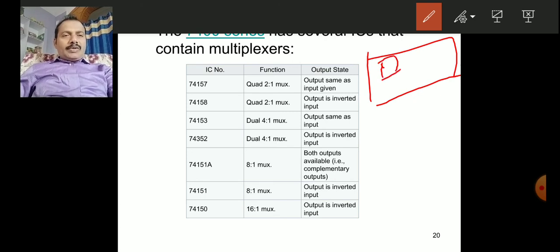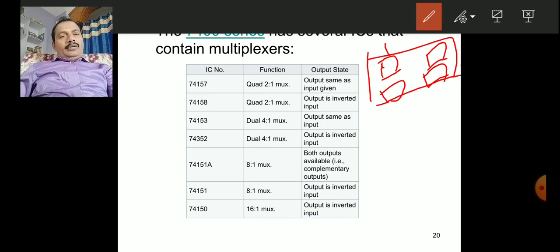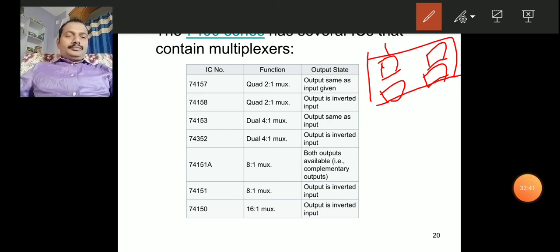This is one 2 to 1 multiplexer, another, and another, and another. So 4 multiplexers are available in this IC. Hence for each multiplexer, 2 inputs, 1 output. And 74158, in the single chip we have this quad 2 to 1 mux. Output is inverted input, that is the difference.